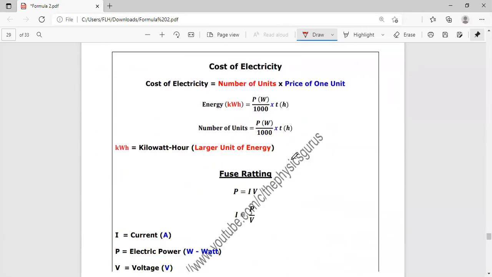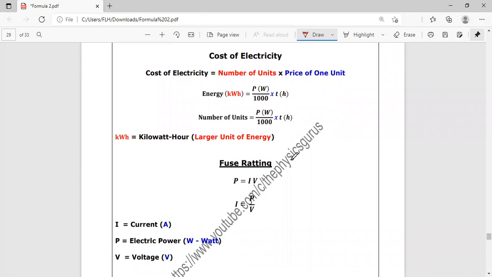Then the cost of electricity, or we have to calculate the bill. Cost of electricity will be equal to the number of units multiplied by the price of 1 unit. By using this formula, we can calculate the energy in kilowatt hours: power given in watts divided by 1000, and time in hours, and the same formula will give you the number of units.